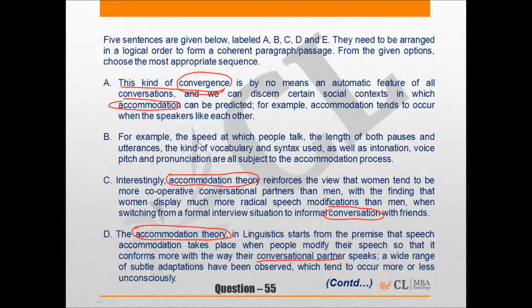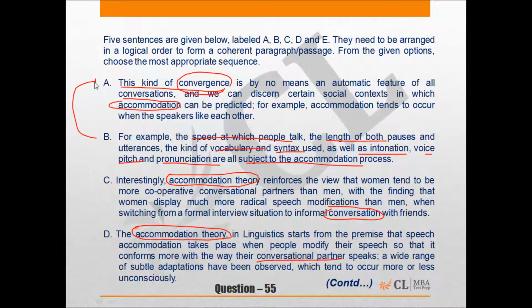In B, he goes on to say the speed at which people talk, the length of both pauses and utterances, the kind of vocabulary, the syntax, the intonation, the voice, the pitch, the pronunciation, and so on and so forth. All of these are subject to the accommodation process. So what he's basically saying is that all of these come together to make the accommodation process. And isn't that exactly what it says here when we read about convergence?